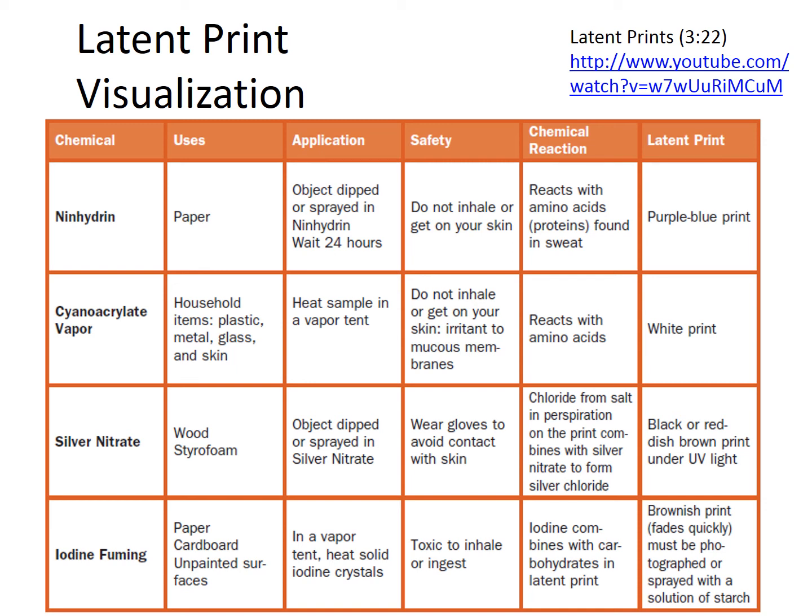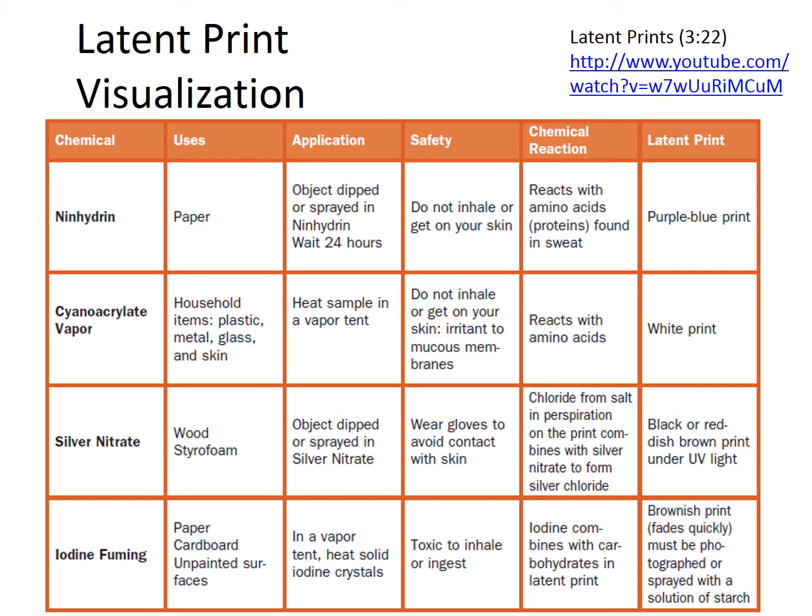Cyanoacrylic vapor is great for basically anything that is usually solid surfaces. You heat the sample up in a vapor tent, but once again, it's not something you want to breathe in, and that reacts with amino acids and produces a white print.